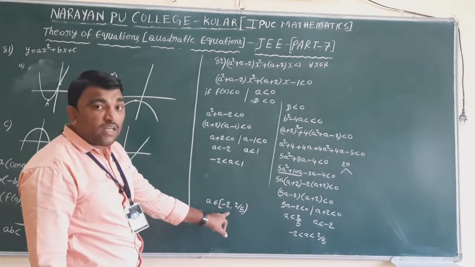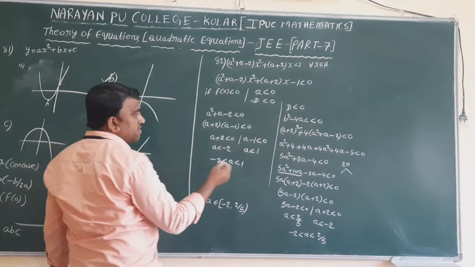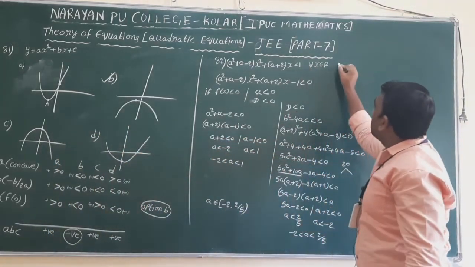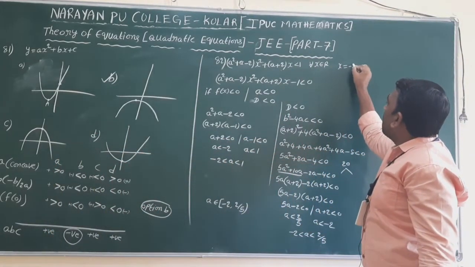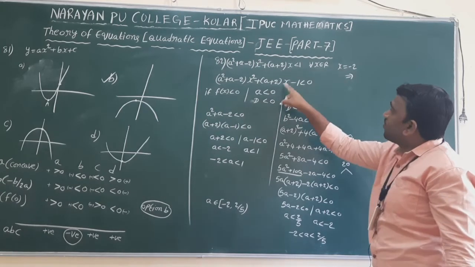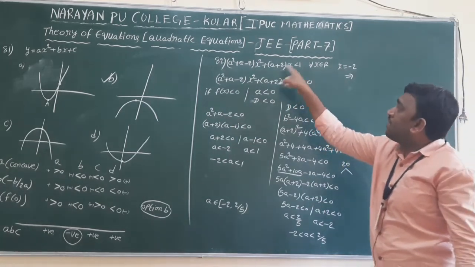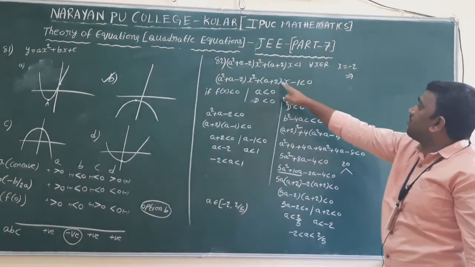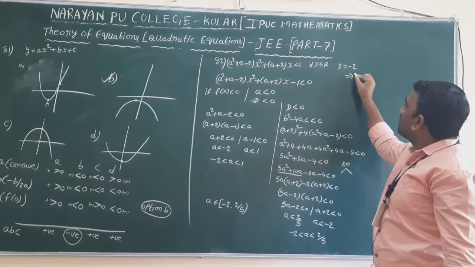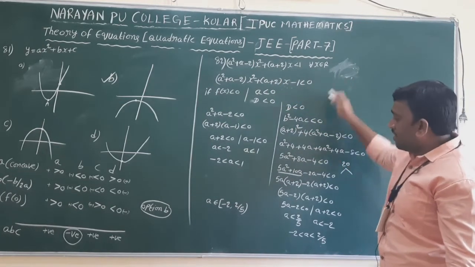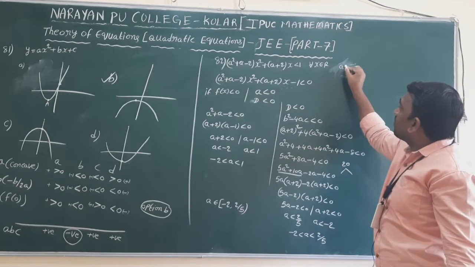Why do we need to take a closed interval here? For example, substitute a value −2, because a belongs to this, a equal to −2.